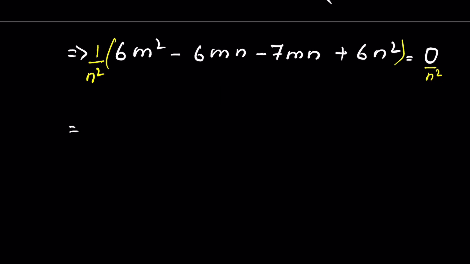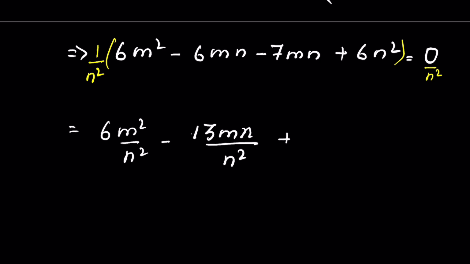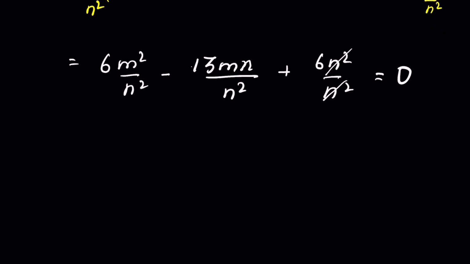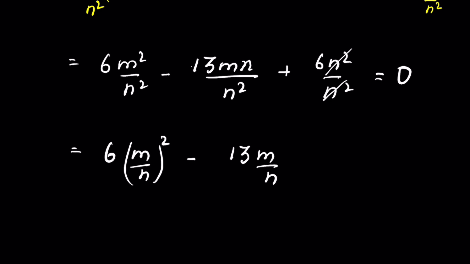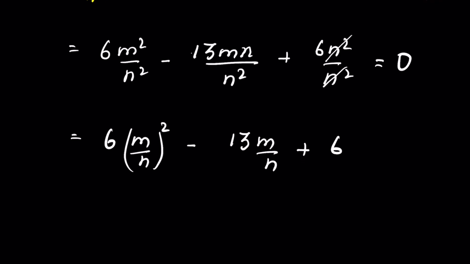So it will be 6m square upon n square minus 13mn upon n square plus 6n square upon n square is equal to 0. n square and n square get cancelled, or this we can write as 6 m upon n whole square minus 13 m upon n plus 6.